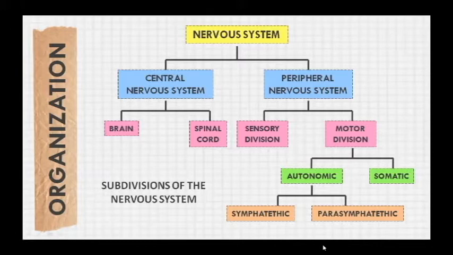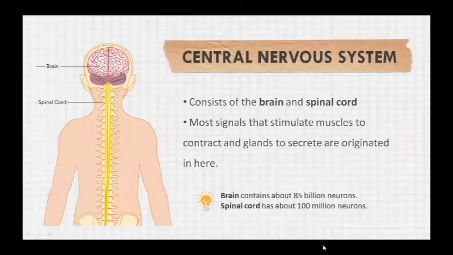Then, our autonomic nervous system also has sympathetic and parasympathetic divisions. Well, this could have a lot of subdivisions, but we will further discuss this as we dwell on the topics later on.